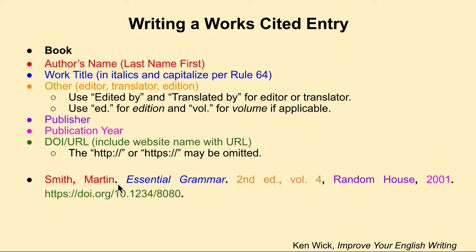Notice that after the author's name is a period, after the book title is a period, then you have this other information, comma, then the publisher, comma, then the publication year, period, and then you list the DOI. Since it's a DOI, there is no website name, so it's just straight up. But if you didn't have that, you'd include the website name first, and then comma, the URL.